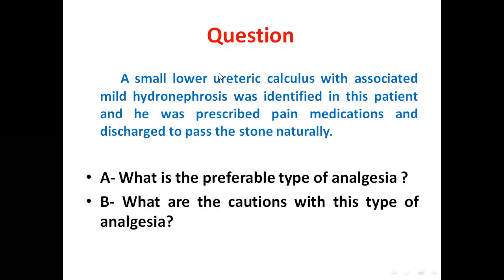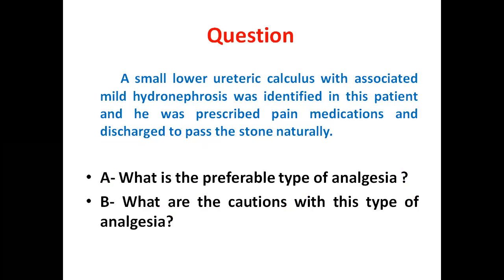This is a practical question. Another practical question: a small lower ureteric calculus with associated mild hydronephrosis was identified in this patient, and he was prescribed pain medication and discharged to pass the stone naturally. So, if we remember, our patient is a 32-year-old who presented to the casualty with right flank pain.